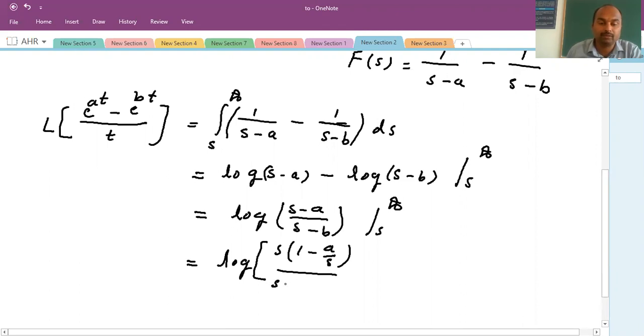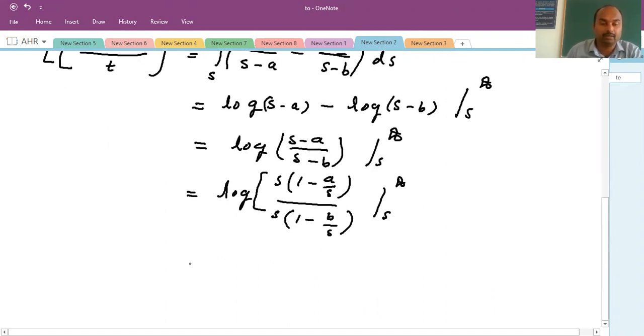In the denominator, if I take s common, 1 minus b by s. Limits will be s to infinity. So s gets cancelled. We'll get log((1 minus a by s) by (1 minus b by s)).